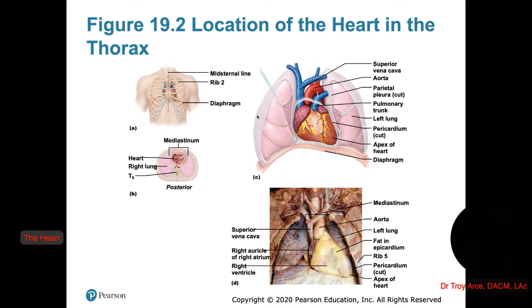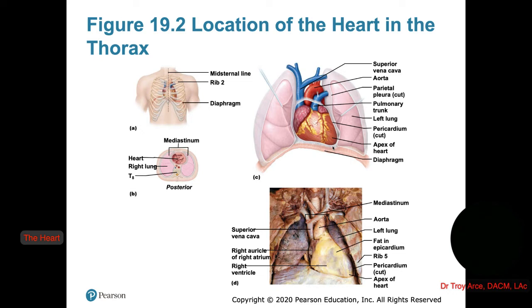As you can see in this diagram, you have your mid-sternal line, and the top of the rib is level with the top of the heart. The apex of the heart actually rests right on the diaphragm, as you can see here. Over on C, you have your apex of the heart resting right there on the diaphragm.